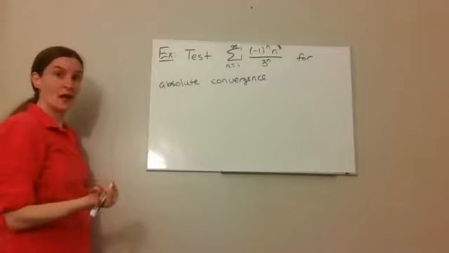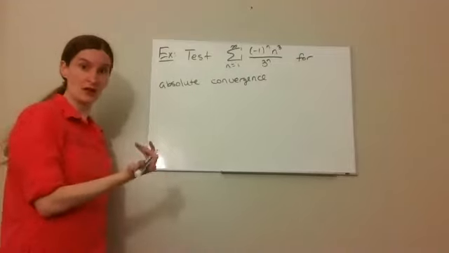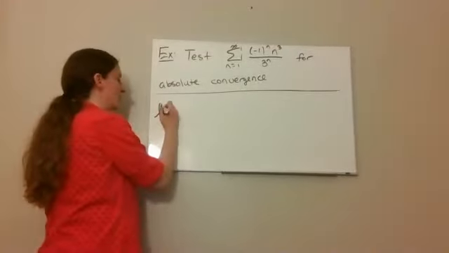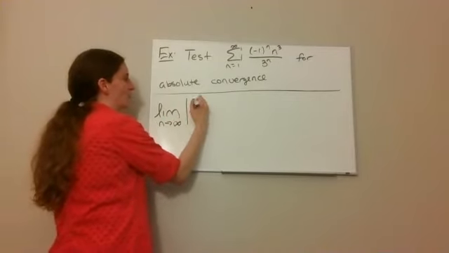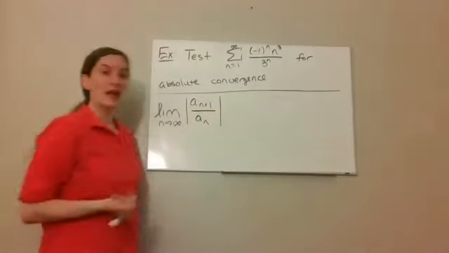Well, to test this, I'm going to use that absolute convergence ratio test. So I'm going to take a limit as n goes to infinity of the absolute value of a_(n+1) over a_n and see what I get.